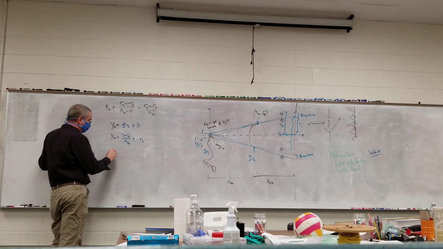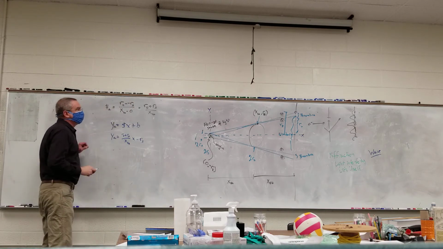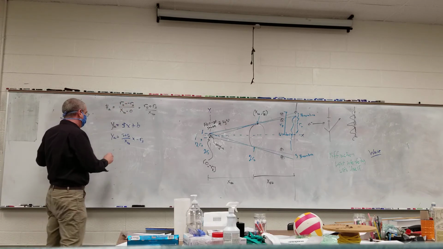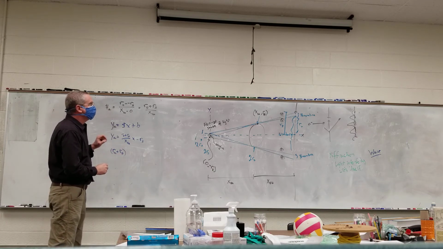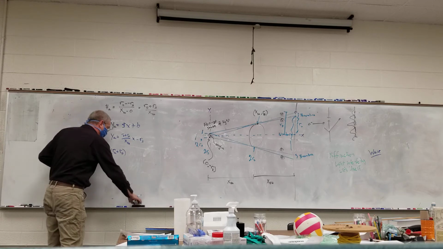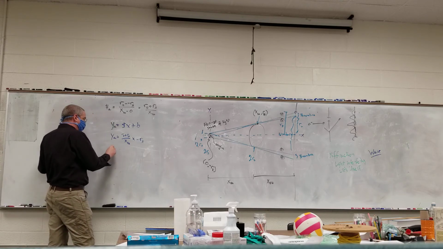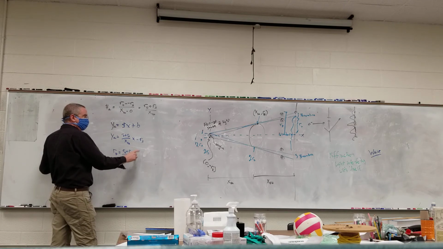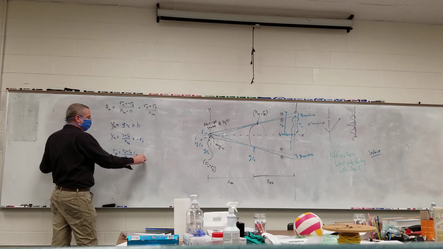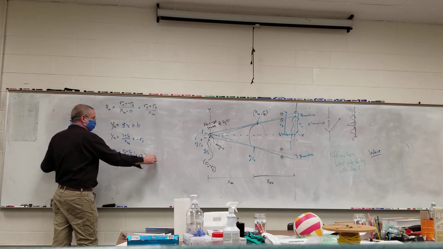So that distance up there is R sub U plus R sub P. No, just R sub P. So R sub P equals (R sub O plus R sub S) over X sub SO, times my x value, which is X sub SO plus X sub OU, minus R sub S.